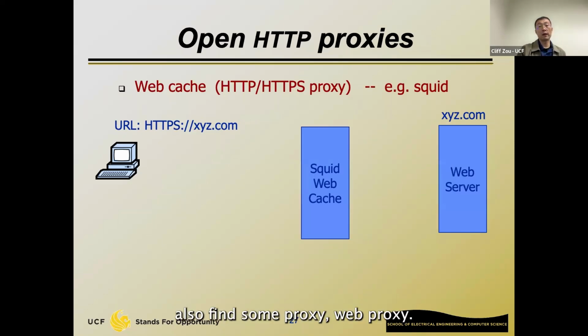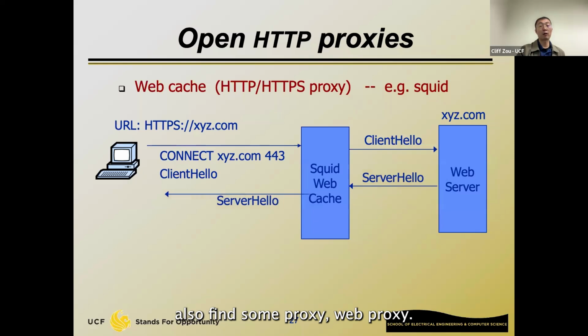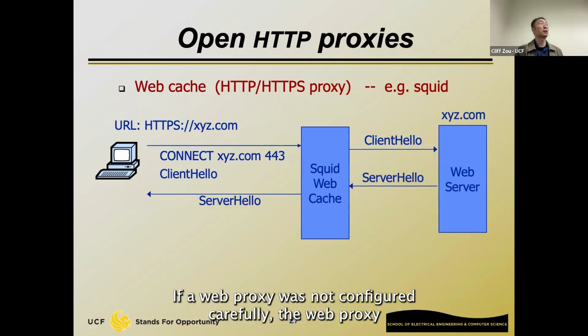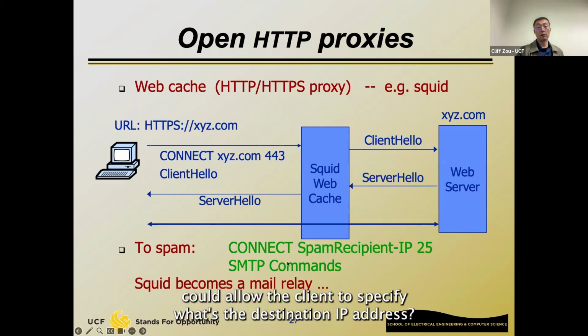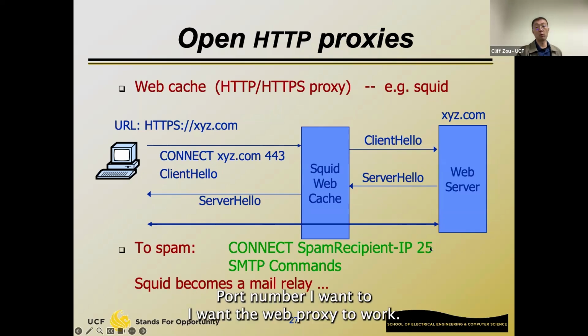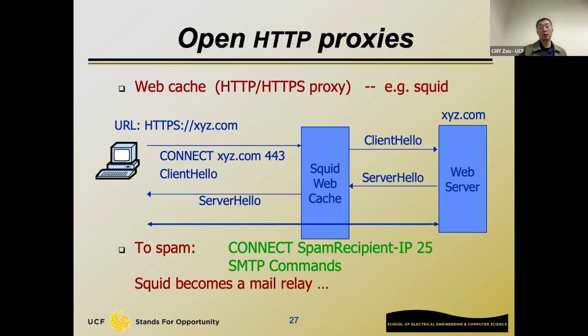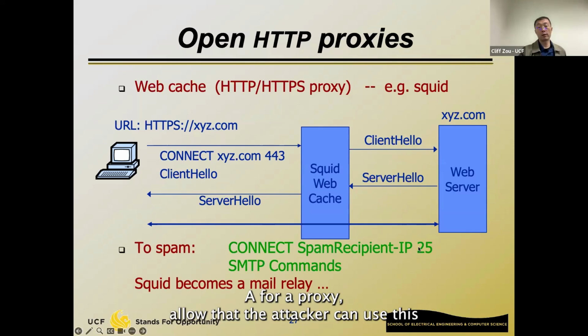An attacker could also find some proxy, web proxy. There are many web proxies on the internet. If a web proxy is not configured carefully, the web proxy could allow the client to specify the destination IP address and port number that it wants the web proxy to work with. If a proxy allows that, then the attacker can use this proxy as an open relay as well, to connect to port 25.